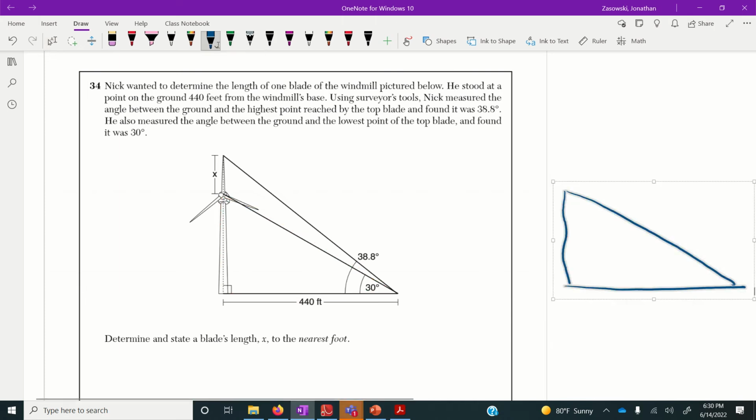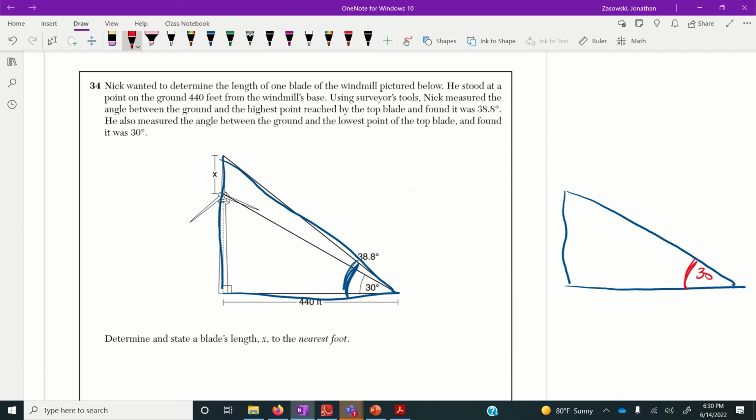There's also this one going all the way down. Since we have both of the angles here, we have this whole angle, and then the smaller triangle. Oh, it changed it on me to blue, huh? We have this whole angle. All I need to do is figure out what the heights are for both of them, and then we can figure out what the missing part is.